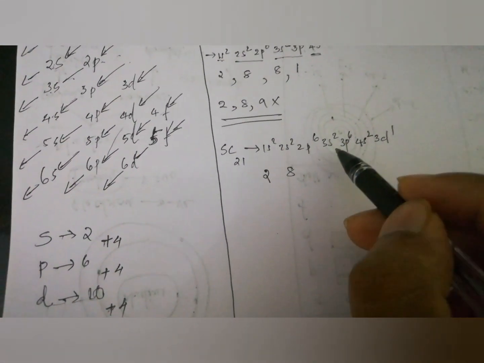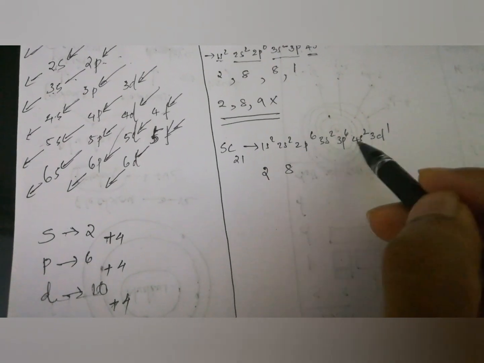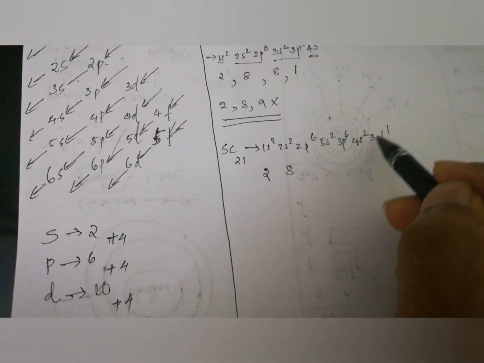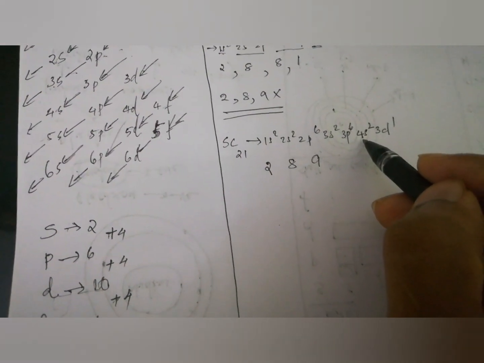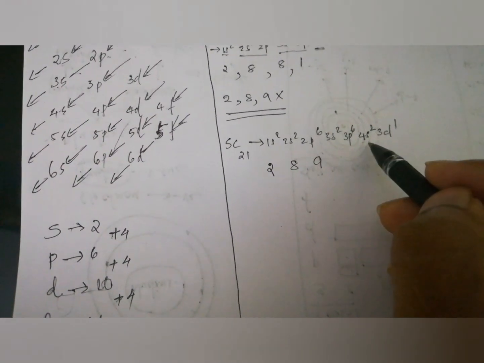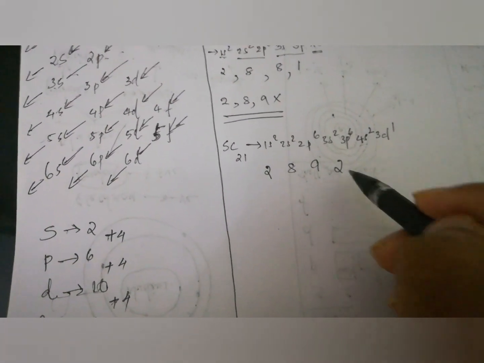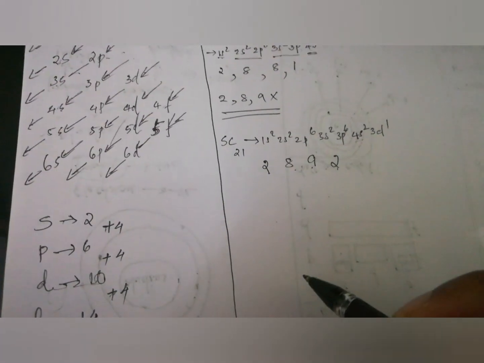In the third shell there are how many subshells? 1, 2, 3: s, p and d. s contains 2, p contains 6, d contains 1. Therefore, total 9. In the fourth shell, that is the N shell, there is only one subshell in case of scandium. Therefore, it contains 2 electrons. So 2, 8, 9, 2.